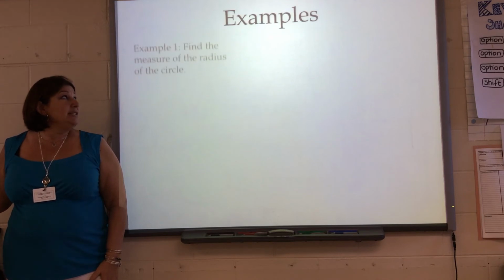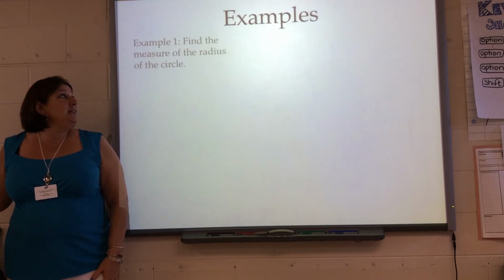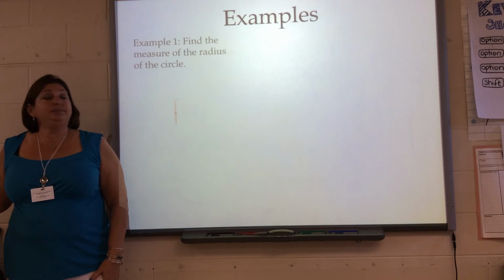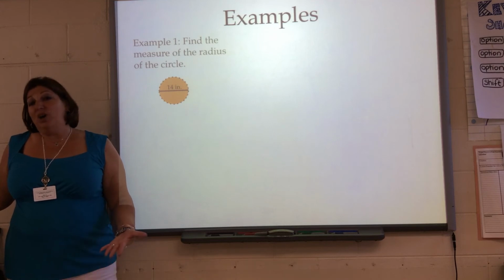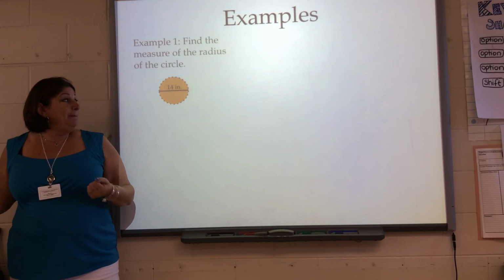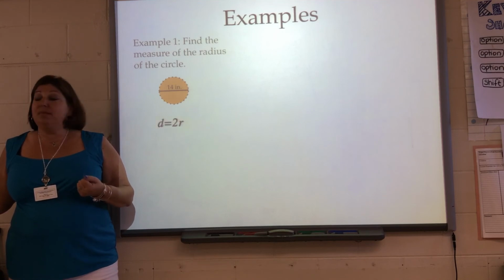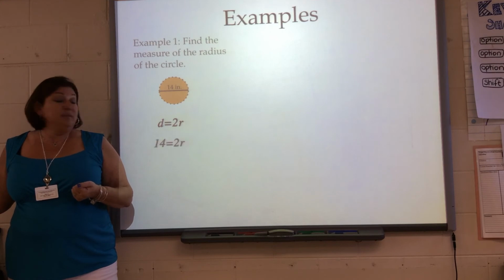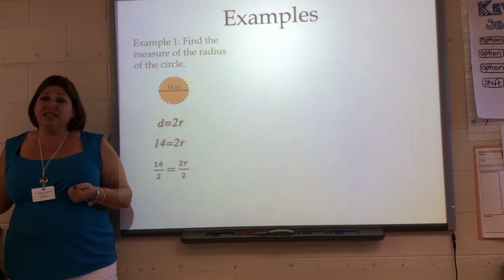Here are some examples. Find the measure of the radius of the circle. Here's my circle, and my diameter is 14 inches. I'm going to use the diameter equals 2r. I'm going to divide both sides by 2, and my radius is 7.